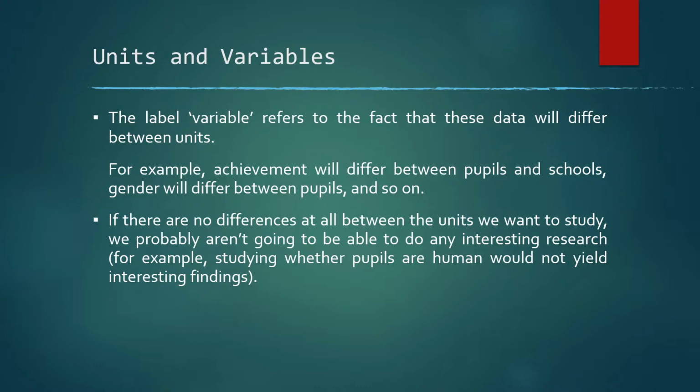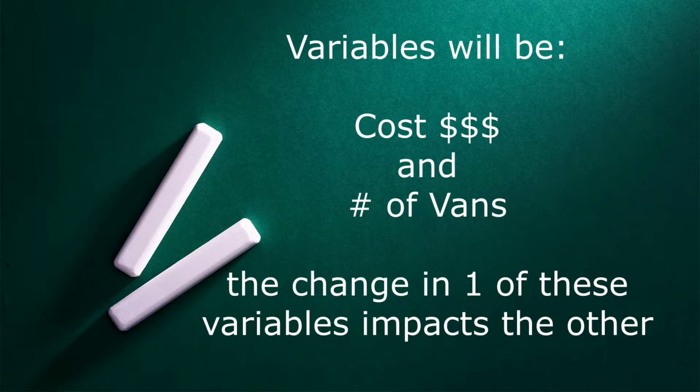What would be the dollar cost for purchasing 10 new vehicles? The two variables would be cost and number of vehicles. As one variable goes up, the other one either goes up or goes down, right? So if you purchase more vehicles, you expect the dollar cost, which is another variable, to go up. So it's the two things that you're comparing. Those are called the variables.